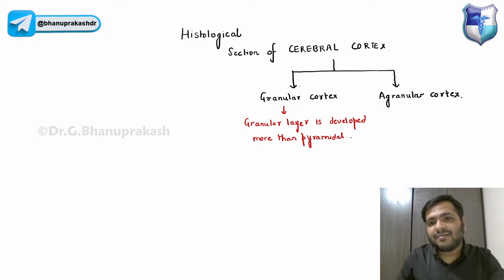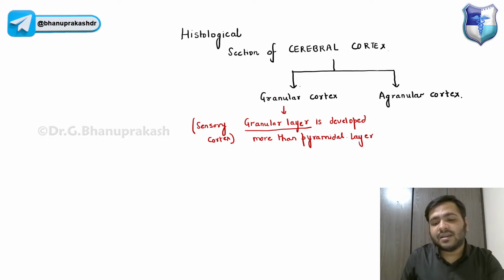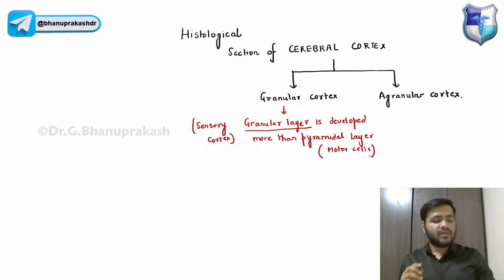When I say granular layer, I am talking about the sensory cortex. When I say pyramidal layer, I am talking about the pyramidal shaped cells, the motor cortex, the motor cells. So remember, in the granular cortex, the granular layer is much more developed than the pyramidal layer.